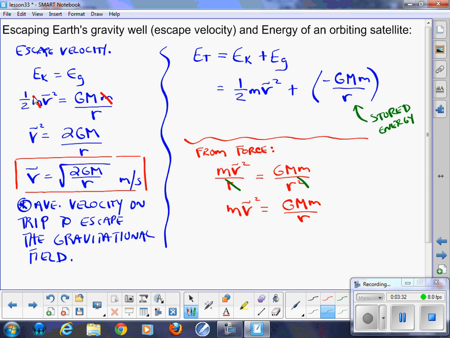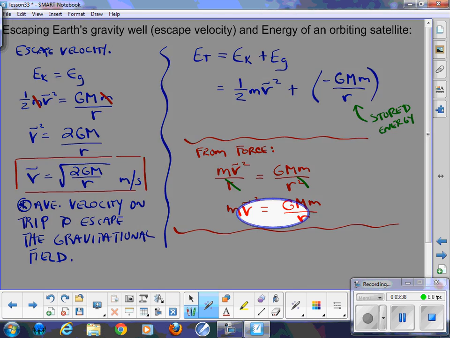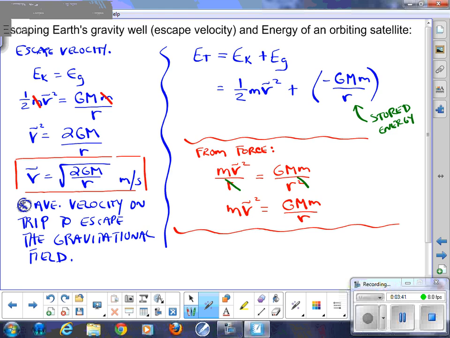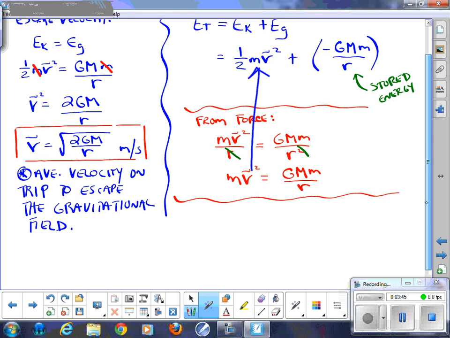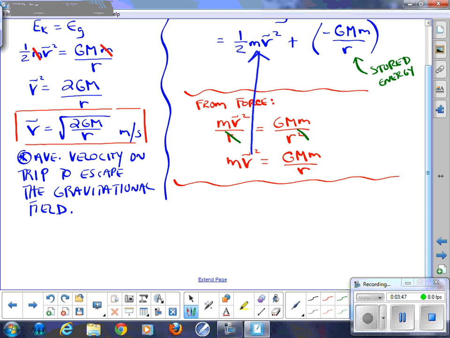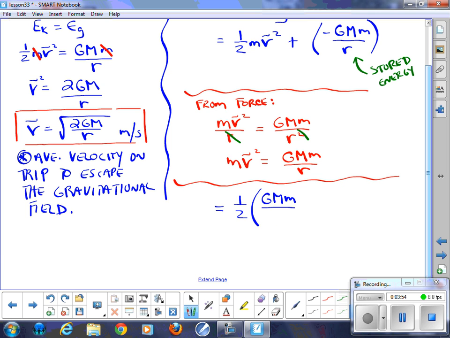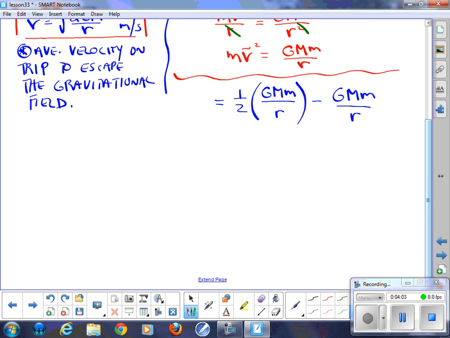So what I'm going to do is a substitution. I'm going to take this value here, the mv squared, and substitute it into that term right there so that we can finish that equation. Underneath here, I'm going to have 1/2, that substitution GMm over r, and we get rid of the double signs, minus GMm over r.